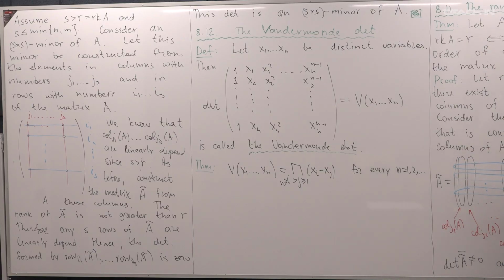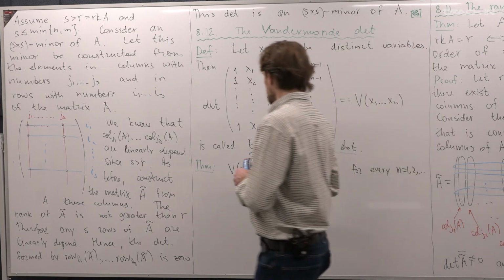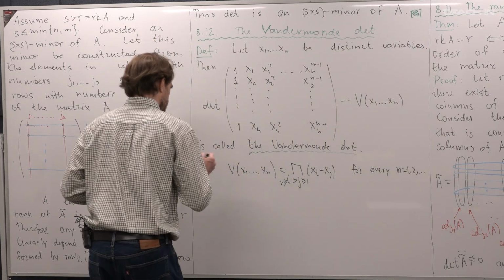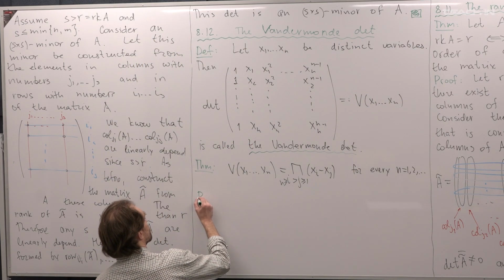So this determinant can be represented as this kind of a product of the differences of coordinates. So let us prove this theorem.